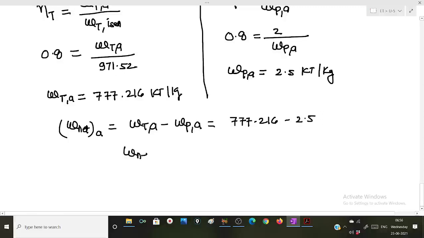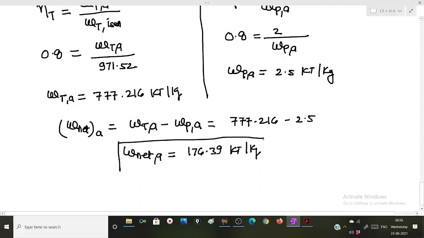So net work output, actual net work output will be 176.39 kilojoule per kg. This is the required answer, first answer for part 2.